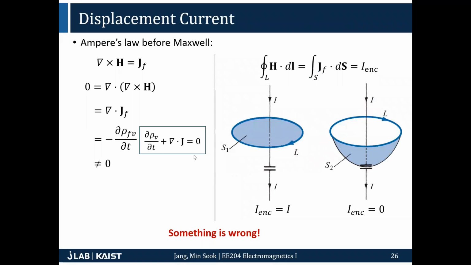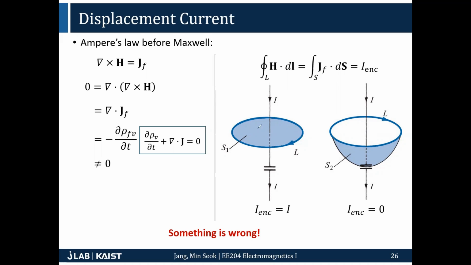So, going back to the final piece, displacement current. We know that Ampere's law was curl of H equals J_F. Maxwell's contribution to Maxwell's equations actually lies in Ampere's law, because Ampere's law is not complete, and that is obvious if you look at this situation.